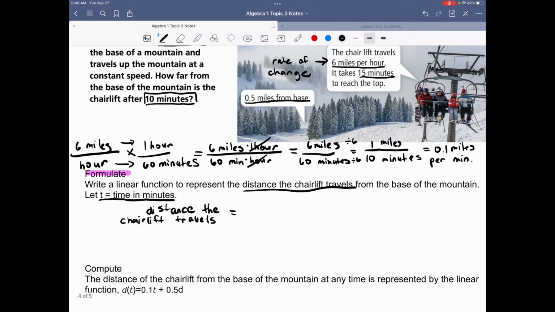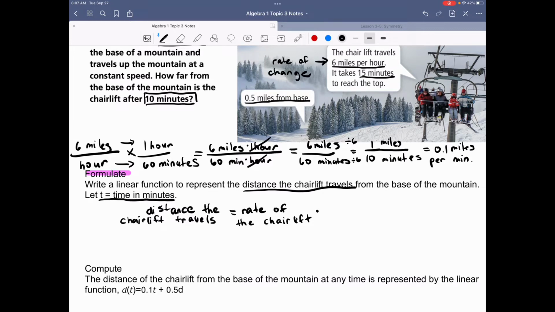And now if we go back in our formula, we have the distance the chairlift travels, and then the rate of the chairlift times the time it takes for the travel.